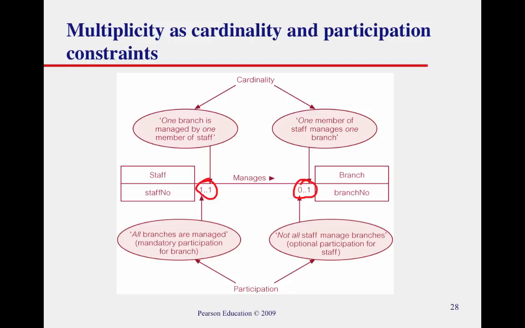So here's the manages. We say that a staff member may manage 0 to 1 branches. So this says a staff member may manage 0 to 1 branch, whereas a branch may have exactly one manager. Okay, must have a manager and will have at most one manager.